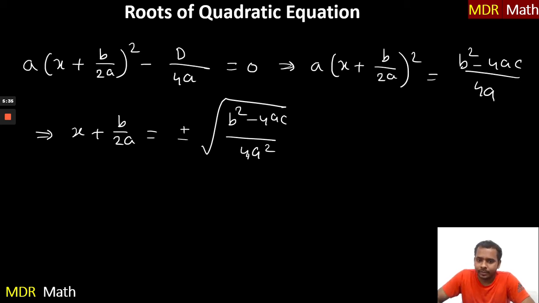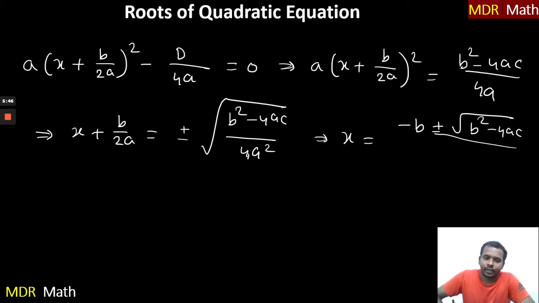This further it can be written as x is equal to minus b plus or minus root of b square minus 4ac by 2a, right? So you can see here, we have two values of x. So what does it mean?